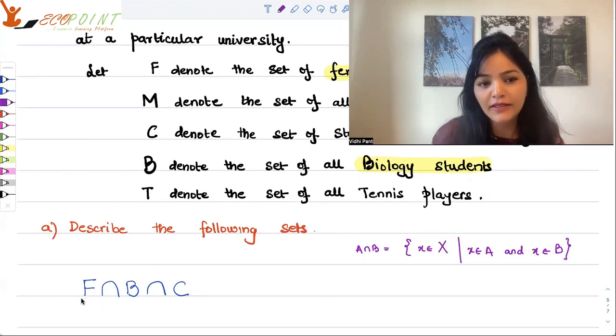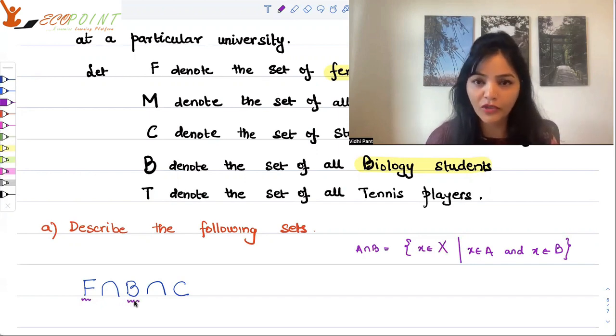It means all female students who opt for biology, and who are also in the university choir.